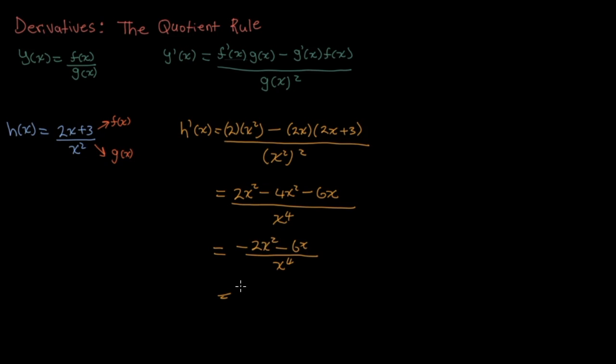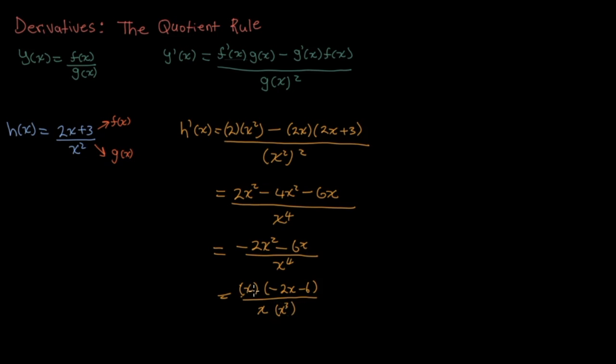So we'll say x times negative 2x minus 6, over x times x to the power of 3.